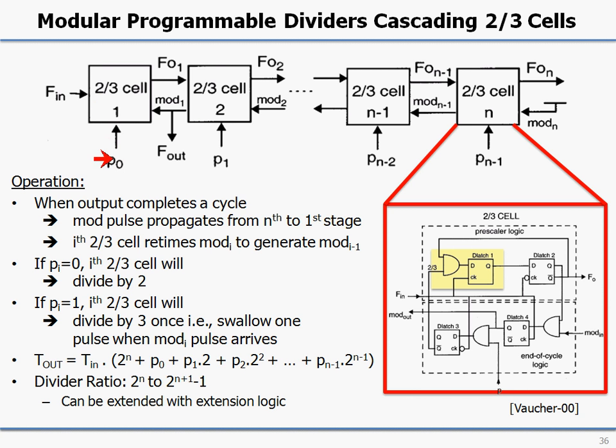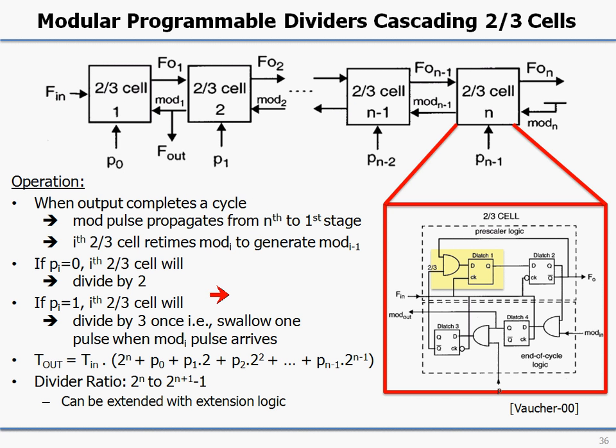So if the P0 bit is set high and the modulus control signal arrives, this cell will divide for one of its cycles by 3, which corresponds to swallowing one of the input cycles of the signal. Now, at this point, the input frequency is half, so if we swallow a cycle here, it corresponds to 2 input cycles, and so on.